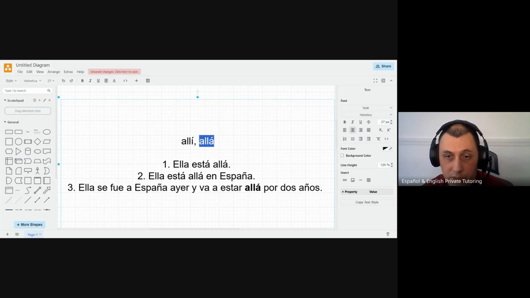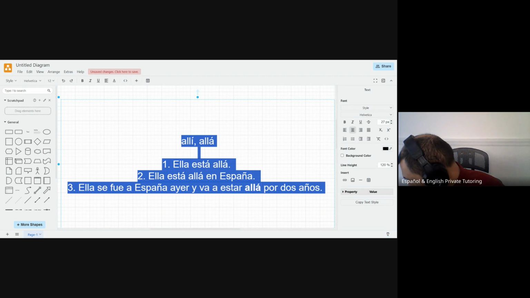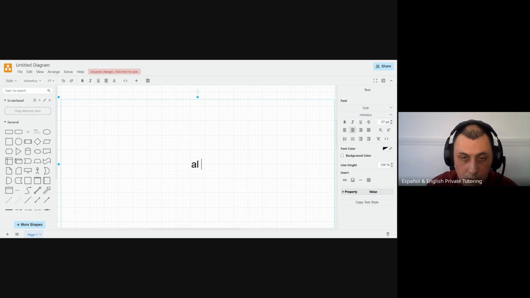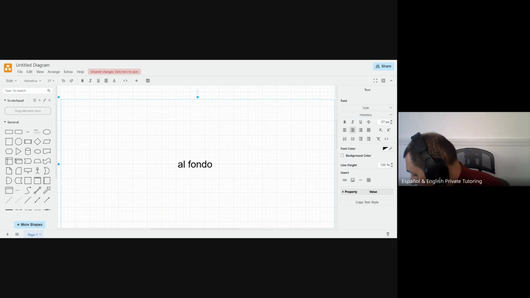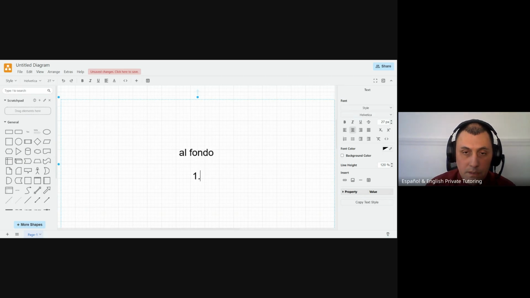Another thing that I want to explain here is al fondo. Al fondo, which according to the book means in back at the bottom. Which is not always correct. I'm going to give you an example.